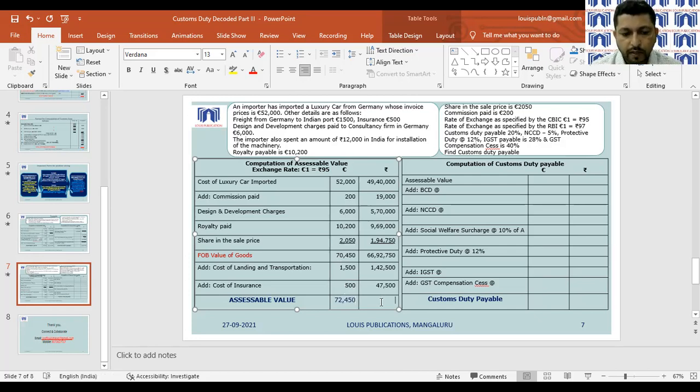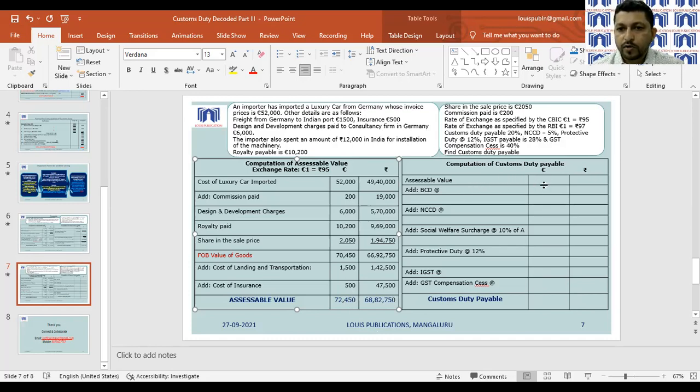If you multiply it by 95, that will be 68,82,750. We'll just add up: 66,92,750 plus 1,42,500 plus 47,500 will give you 68,82,750. So that will be the assessable value in Indian rupees.